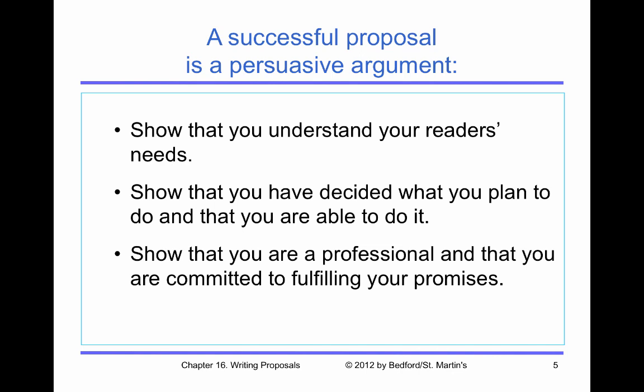You might think of this as the contract language of the proposal. This is the nitty-gritty. This is exactly what you're going to do, when you're going to do it, how you're going to do it, in exchange for all the money that they're going to give you. So this is oftentimes a place where we do use charts and tables. I'll show you how to create what's called a Gantt chart, which is kind of a progress chart, and other things that you can put into this document.